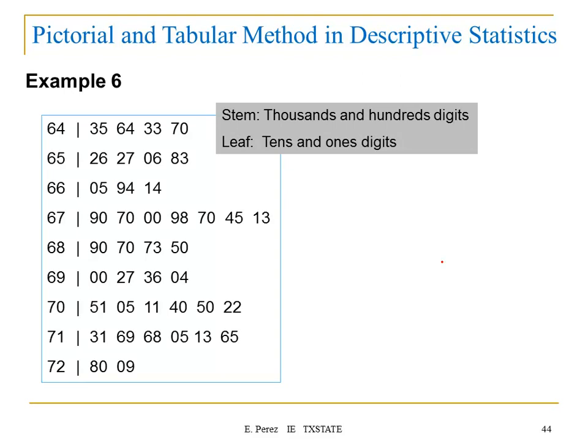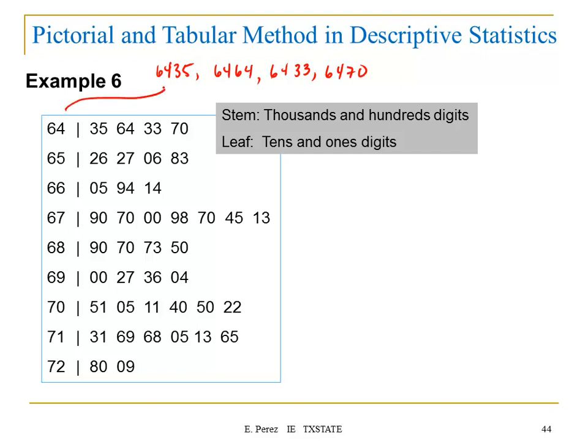Another example, here instead of using 1 unit as our stem, we are using 2 units. So this means that the first number represents 6,435, 6,464, 6,433, 6,470.